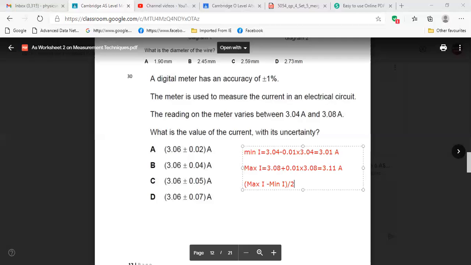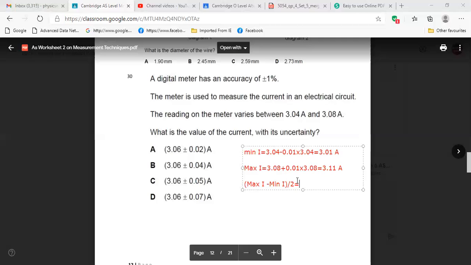What does it come to? To get the uncertainty, we have to subtract these two values, maximum and minimum. That's coming 0.10, right? As we are getting two readings, to get the uncertainty in these two values, we have to subtract, their difference.